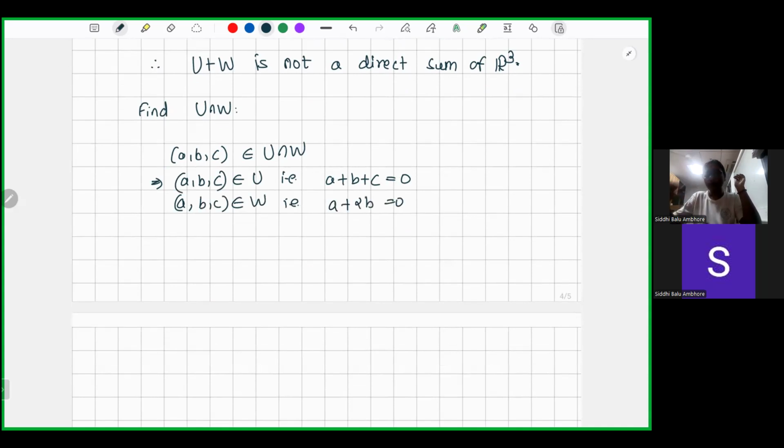So if my vector (A, B, C) is in both U and W, then both equations must be satisfied simultaneously.